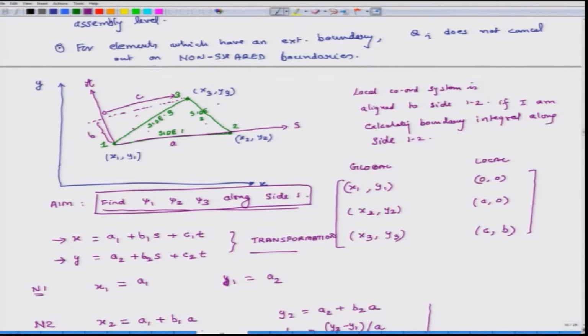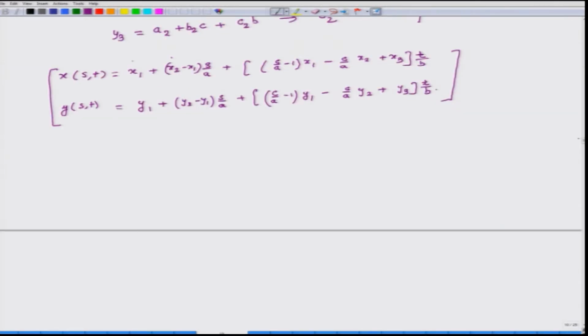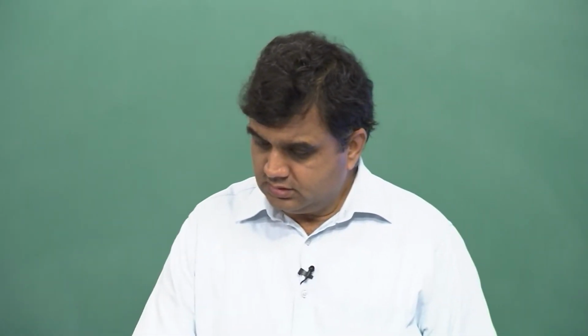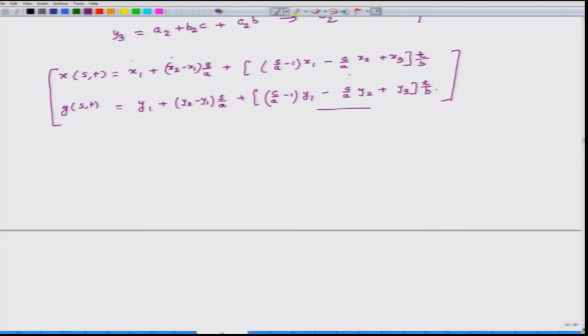Now, along the line 1, 2, or along s axis, what is the value of t? 0. And because we are interested only in finding out the value of boundary integral along that line, this term will be 0, because t is 0 here, right.